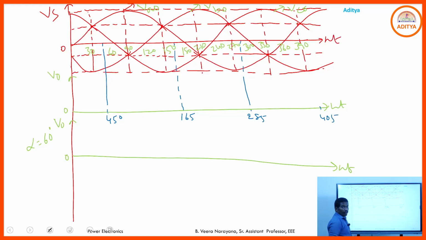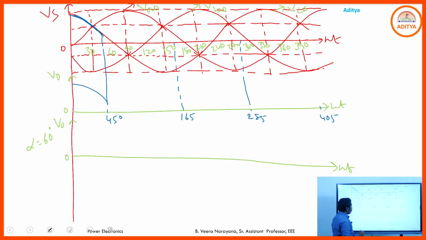So from 0 to 45, T3 conducts. If T3 conducts, the output voltage simply follows Vc naught. So where is Vc naught? Here it is, 0 to 45 degrees up to this instant. So this portion is available across the load like this.